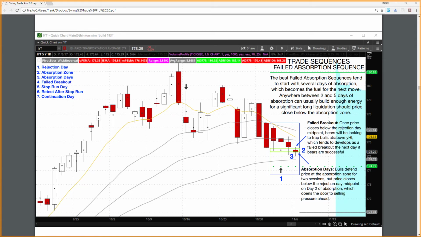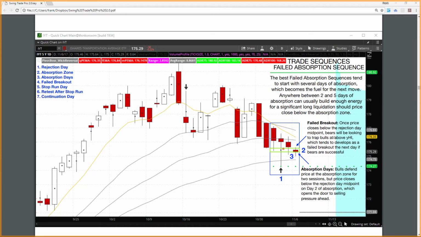Once price closes below the rejection day midpoint, bears will be looking to trap bulls at or above the previous high, which tends to develop as a failed breakout the next day if bears are successful. So what that means is you have a great rejection day here. You have your midpoint retest right here that holds. Now price closes below the midpoint, but it didn't continue throughout the day.